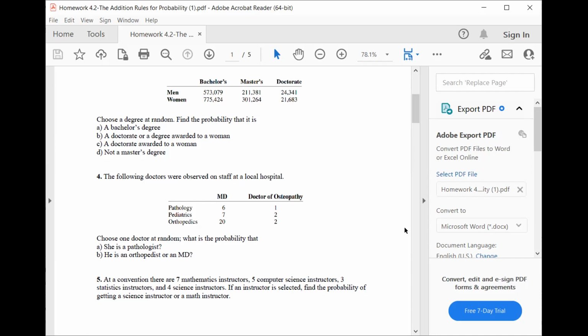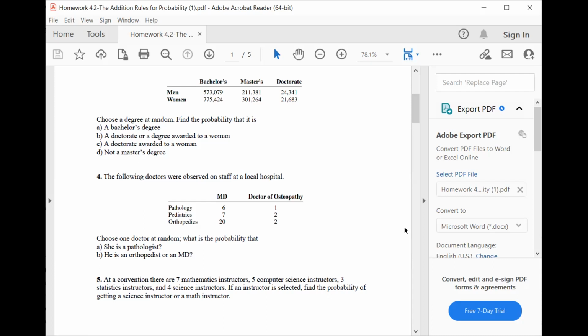So there's 7 math, and 5 computer science, and 3 stats, and 4 science. Now, I'm assuming for the sake of this example, I don't think they're counting statistics as mathematics. I think they're counting them separate.